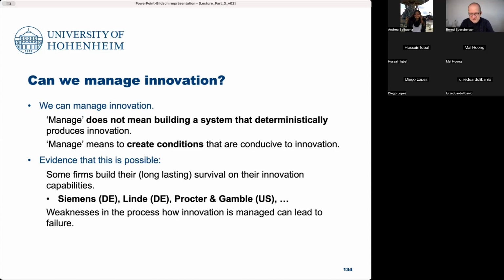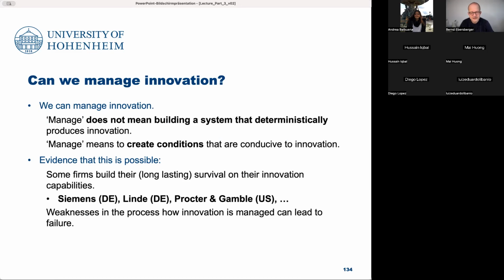We build a system that doesn't guarantee deterministically that innovation works, but we will create conditions that are conducive to innovation, that are helpful to innovation. And as I said, you have collected another list of companies. Look at, for instance, two of the larger German industrial giants with a history that goes back at least 150 years: Siemens and Linde.